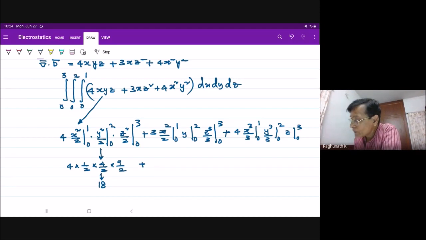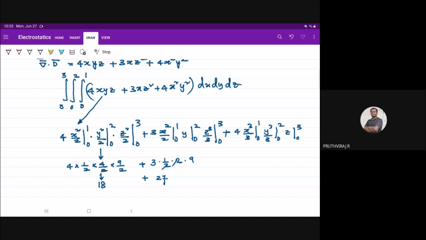Plus 3 into x squared by 2, which is 1 by 2, y from 0 to 2 is 2, z cubed by 3 from 0 to 3 is 9, which gives 27.